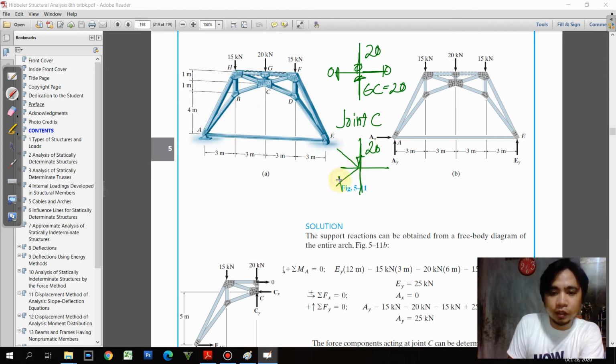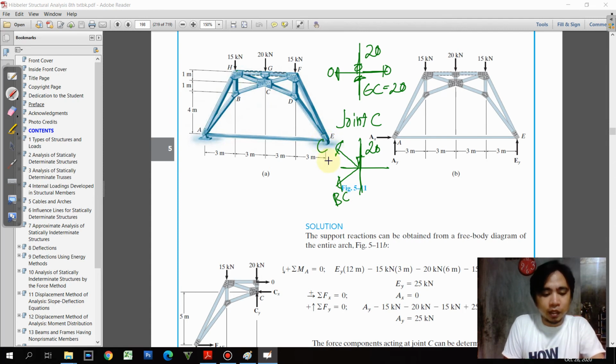Then we have these two members here. Say this is CB and CH.